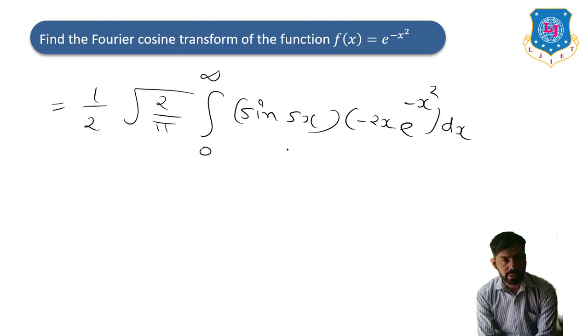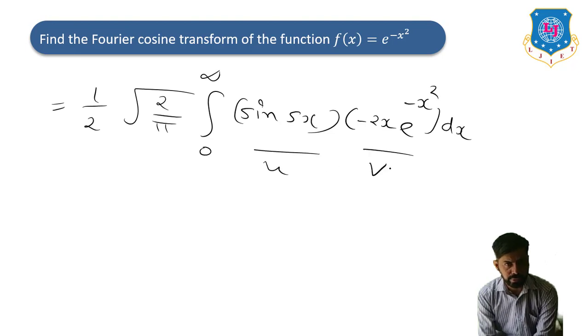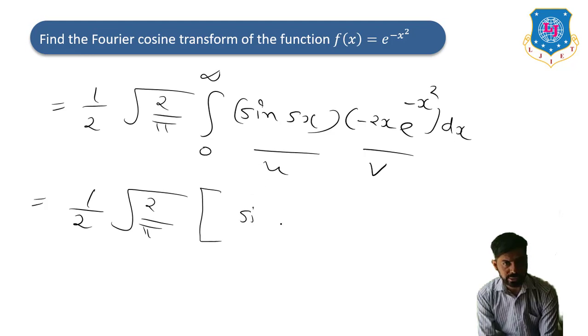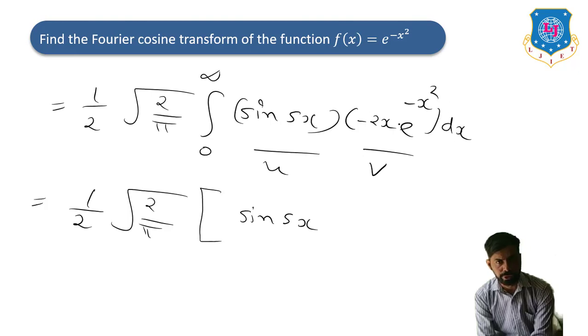Now here applying integration by parts. So this term will be u and this term will be v. So this can be written as 1 divided by 2 into square root 2 by pi. So first of all u will be as it is, so sin sx. Now we will have to take the integration of v. So the integration of minus 2x into e raised to minus x square will be e raised to minus x square.